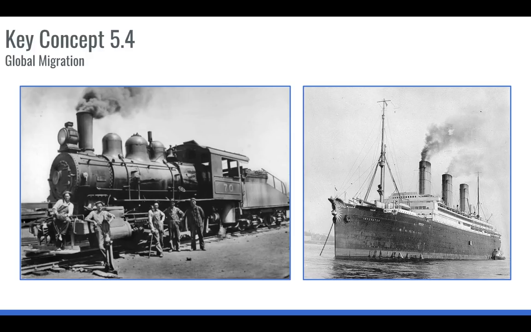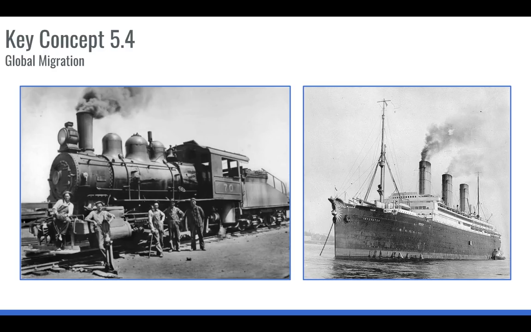But we also see people being able to relocate far away from home across oceans because of the quickening of the trip with steamboats. This pattern contributed to the significant global urbanization of the 19th century, and these new modes of transportation really helped with that.